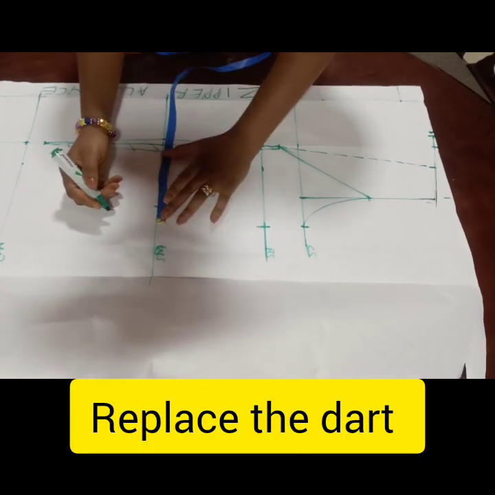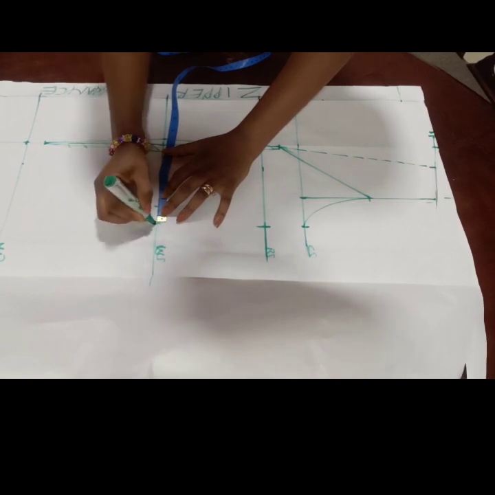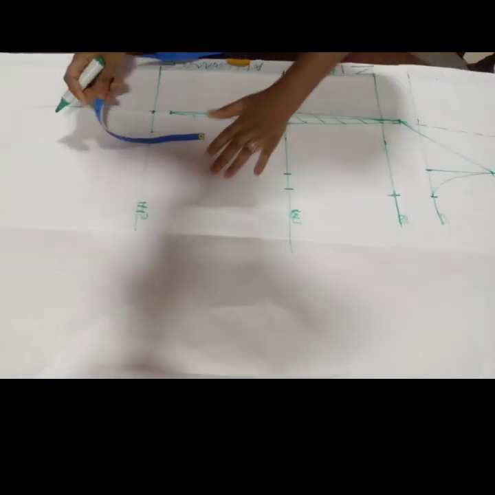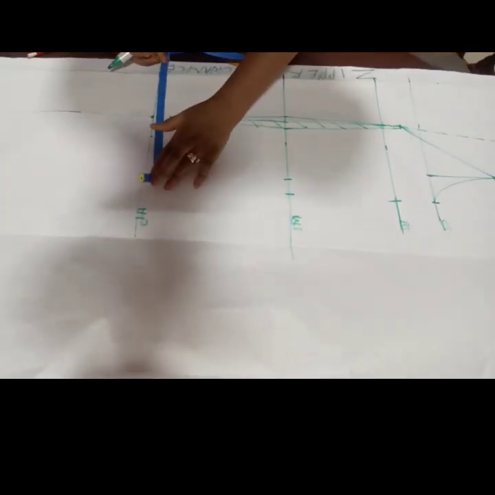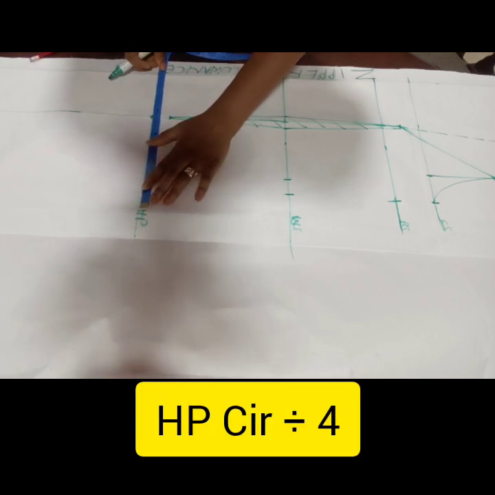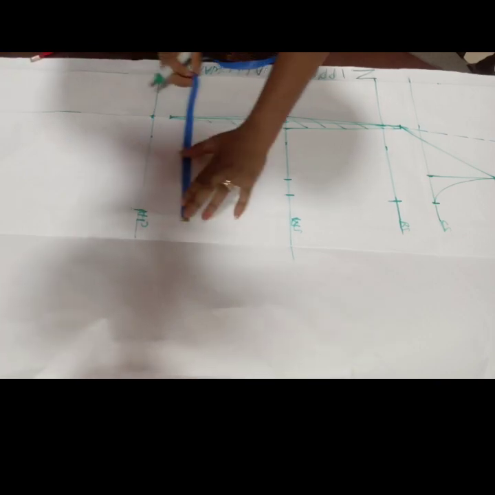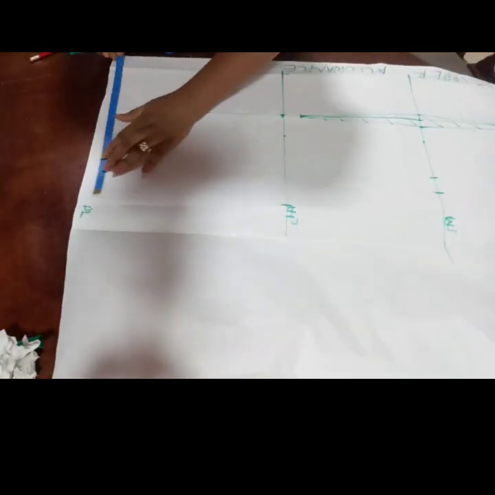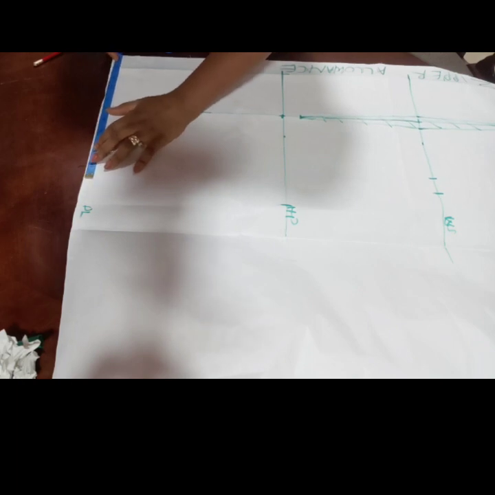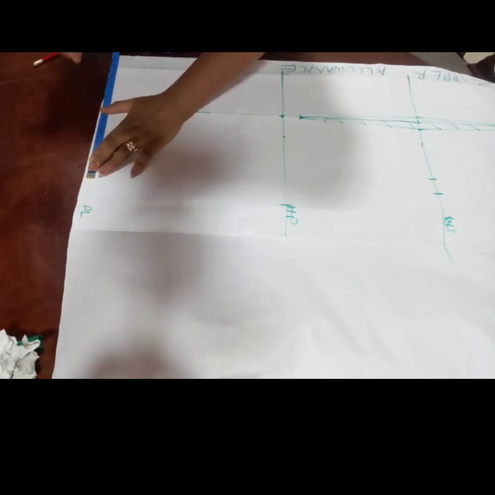Replace these darts that I have taken. Come to the hip line. Hip circumference divided by 4. Then for the hem part, you subtract 1.5 from the hip. So let's connect all that.